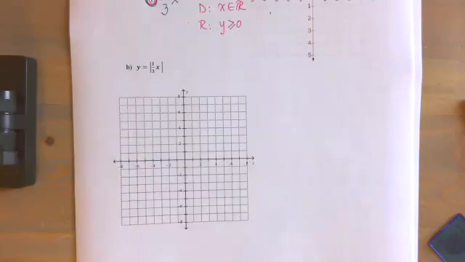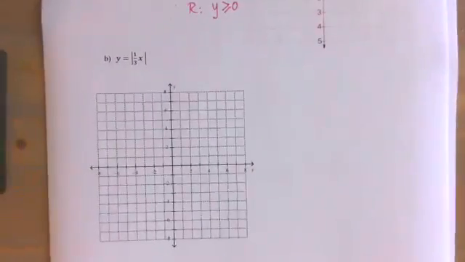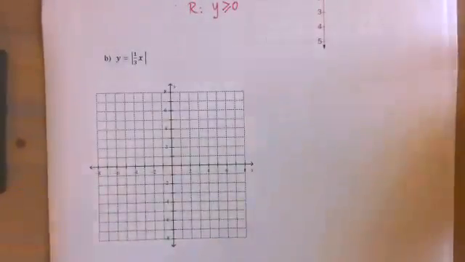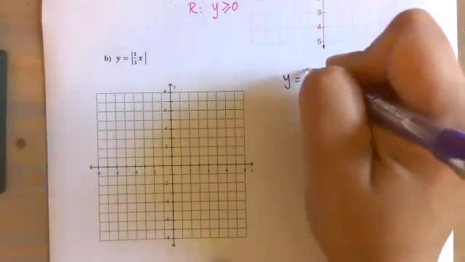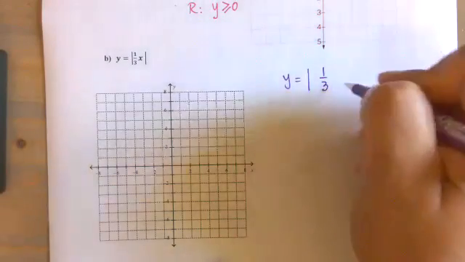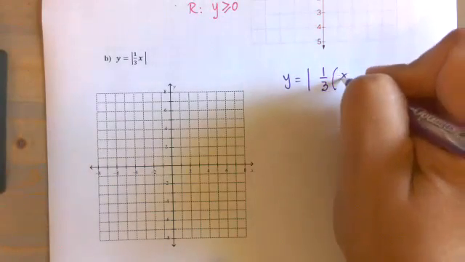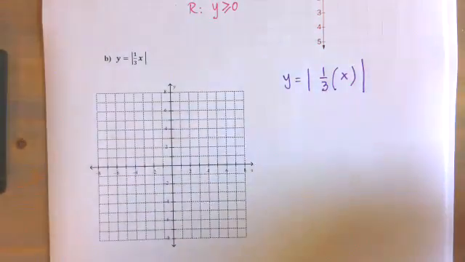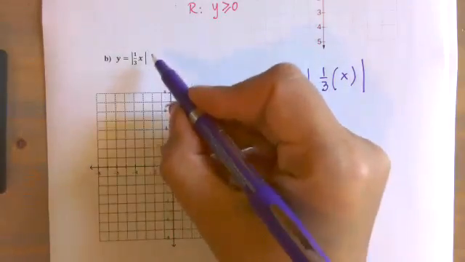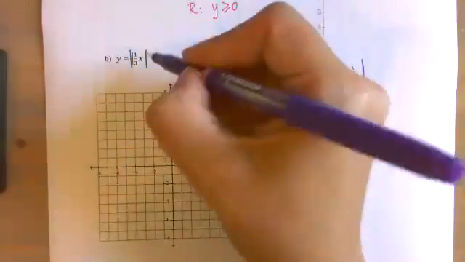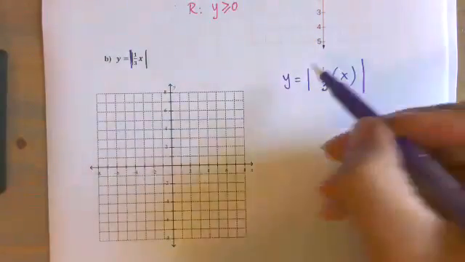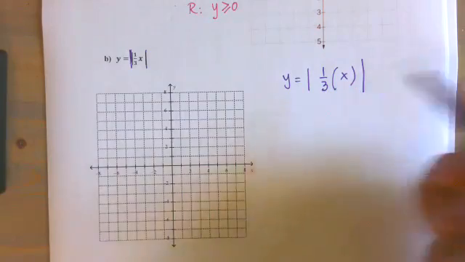Absolute value of 1/3 of x. One-third bracket x. So always separated. Why? Well, because it's underneath these absolute value lines, so that's inside of the function. So that's our b parameter.